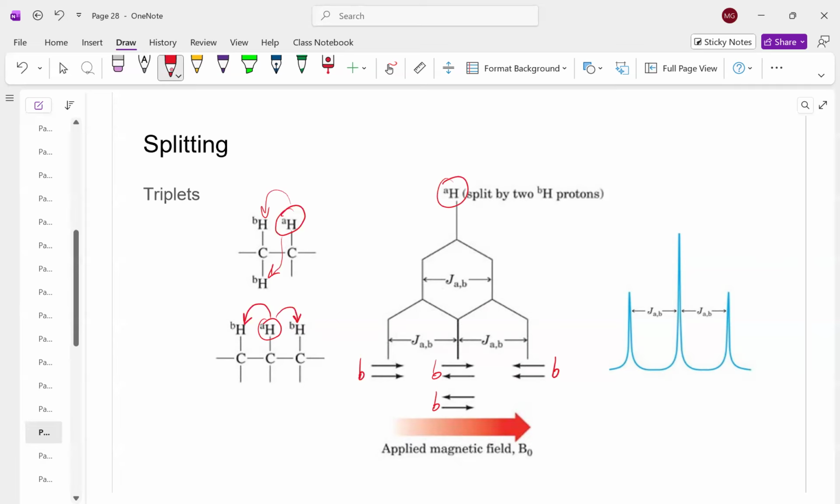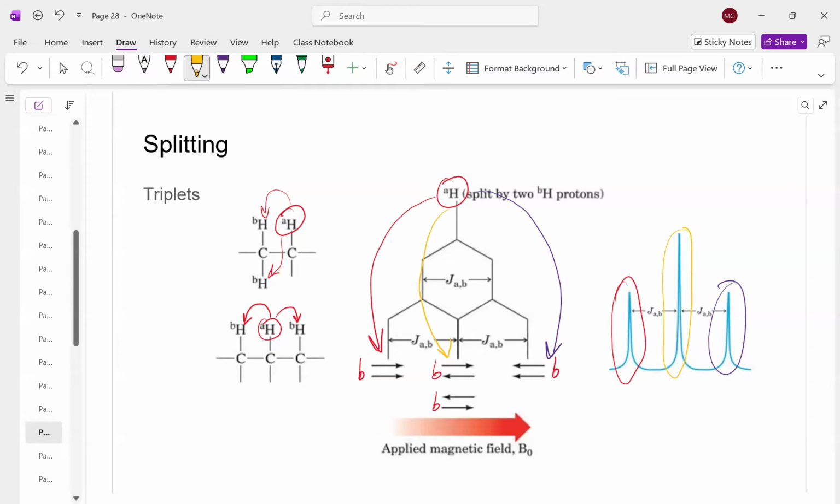And so if A interacts with these two B hydrogens that are going with the field, we get one signal. If it interacts with the other B hydrogens going against the magnetic field, it gets another signal. And then if it interacts with these, then we get a third signal.